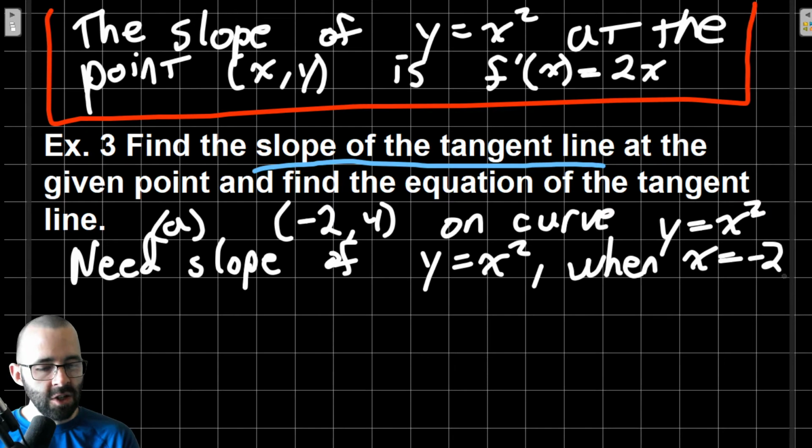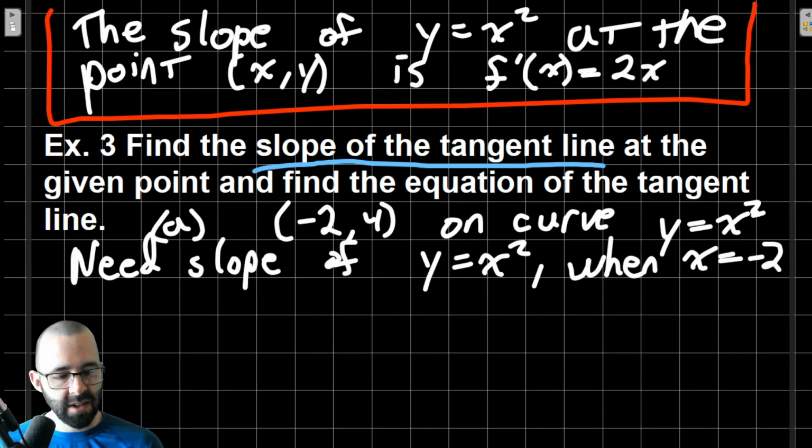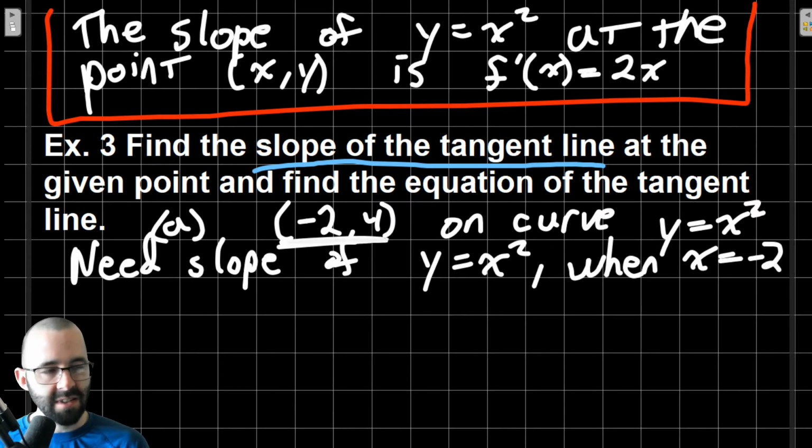Because to use this slope formula, what's the input of that formula? The input of that formula is x. So we need to figure out what our x value is. And here our x value is -2 because this is our point. So we'll use that to find the slope.